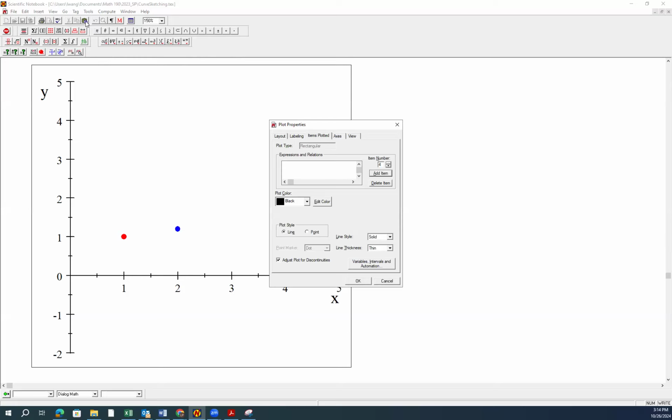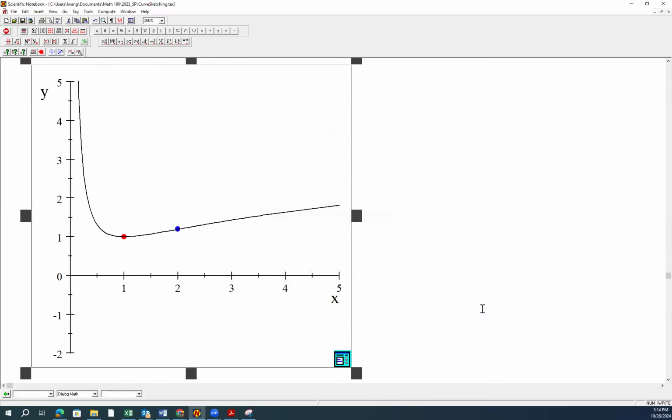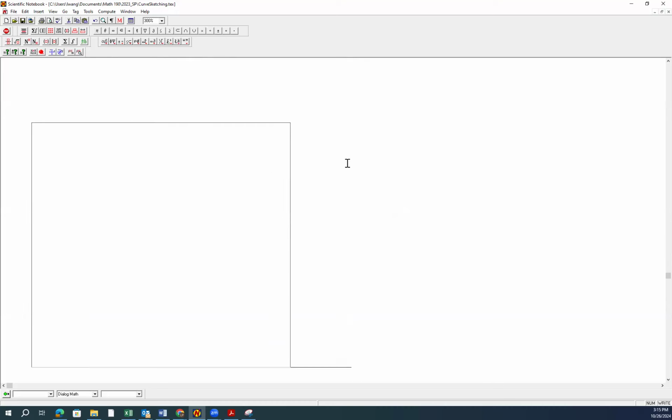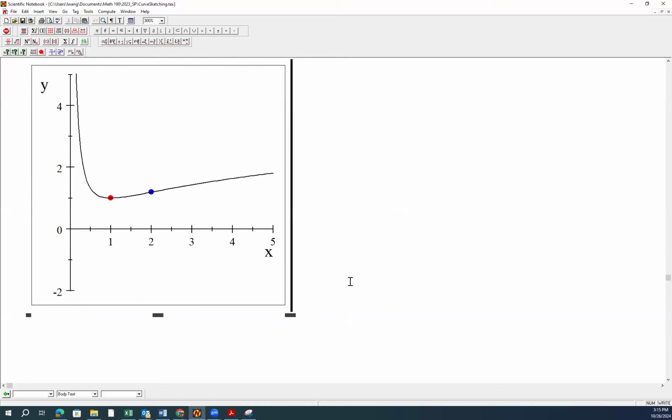So we have a better sketch with the machine. It's about right. That's the sketch of the curve. There's the point of inflection, and that's the local minimum. Concave up to the left of the blue dot, then concave down.